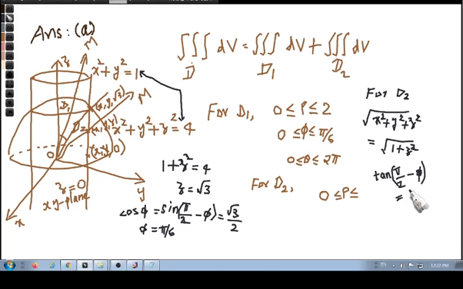Opposite side has length z divided by adjacent side. It is of length square root of x square plus y square plus 0 square. That means square root of x square plus y square, which is equal to 1.